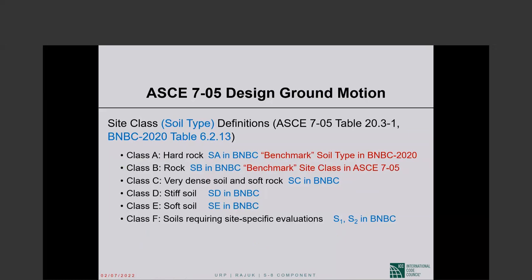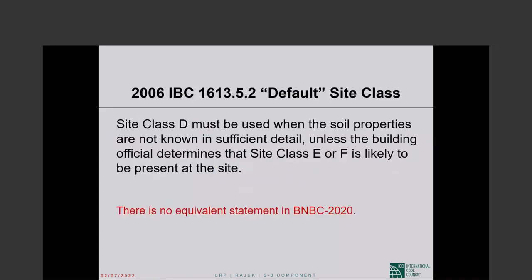So that gives you direct correspondence. Now, I mentioned that in ASCE 7-05, the benchmark site class is B. Everything is mapped for site class B. In Bangladesh, BNBC, the benchmark soil type is A, rock. The seismic zone map is for soil type A or rock. It is specifically set. So the benchmarks are kind of different.